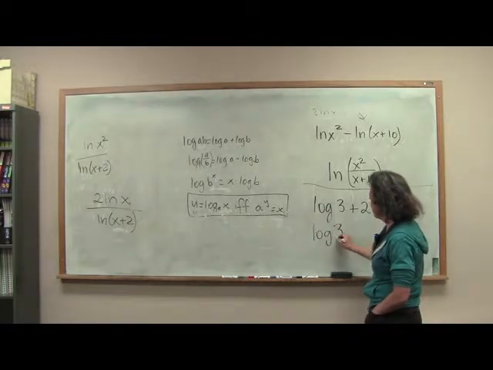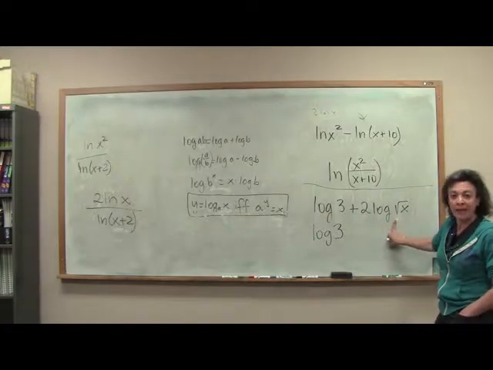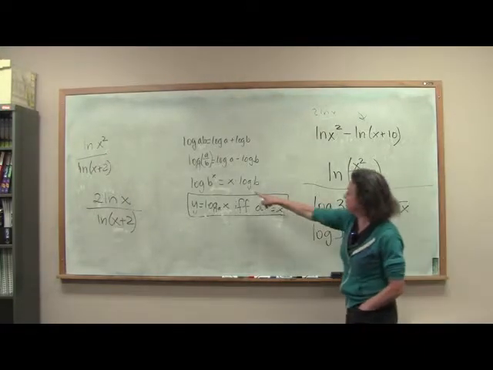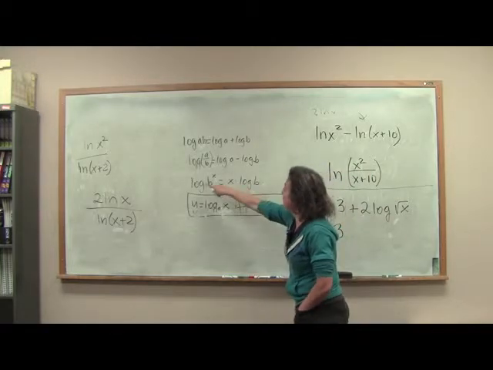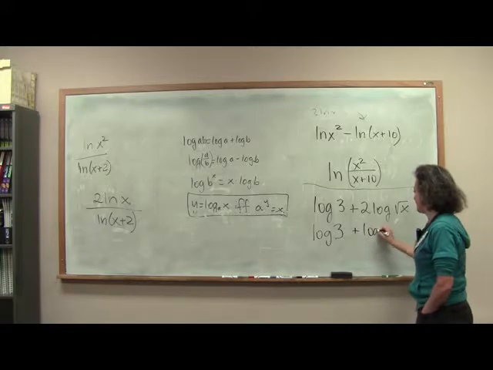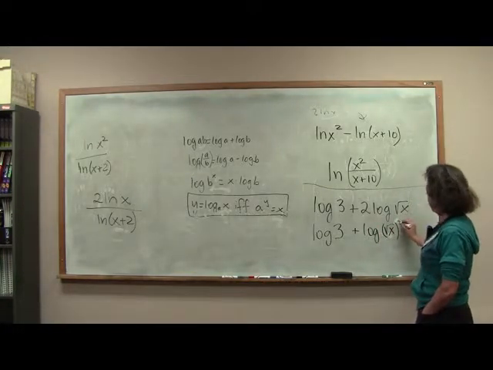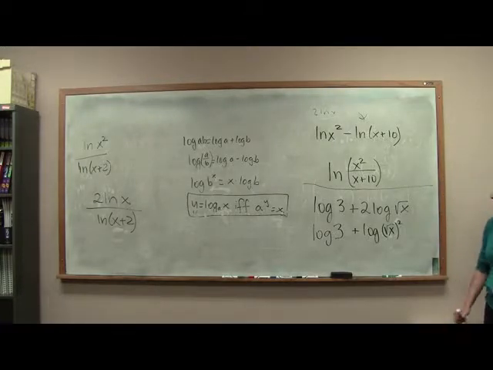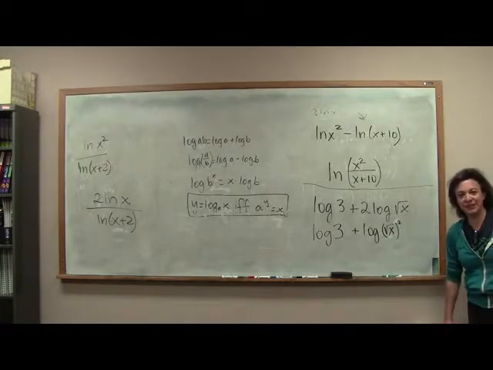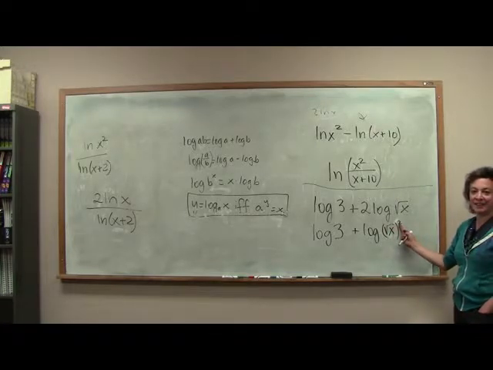The first thing I deal with is the numbers in front of my logs. Why? Because remember, if there's a number in front of the log, you can make it the exponent. And this one comes out to be really pretty cute. Log of the square root of x, and then we square it. Now, why would I tell you that this is cute? Well, this is cute because we can actually simplify this.